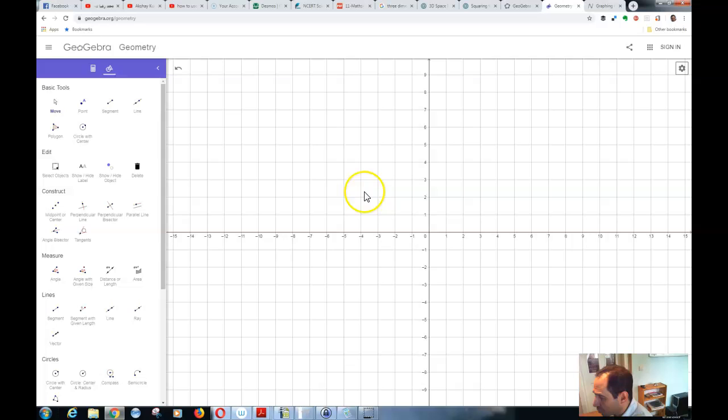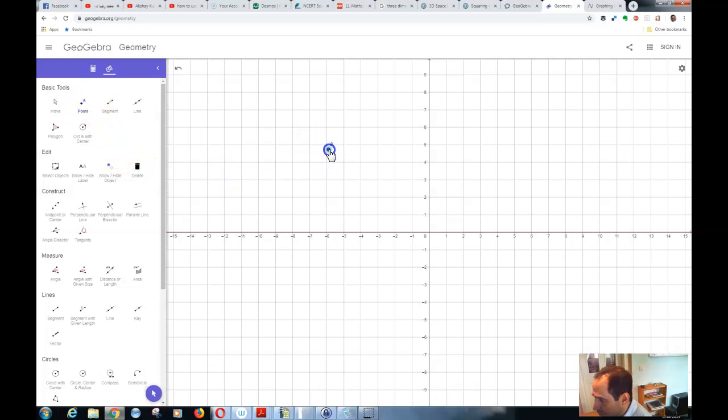So you can put the grids over here, and you can also check this option which says snap to grid. Suppose that you want to put a point over here.